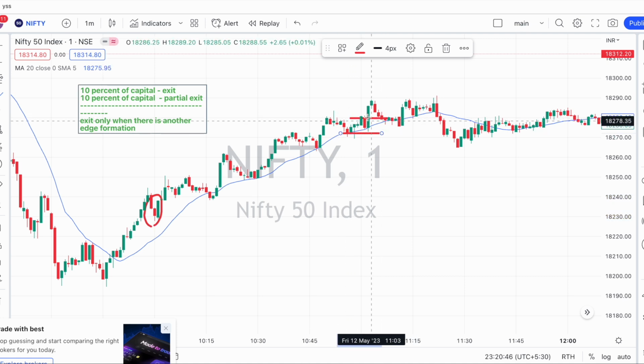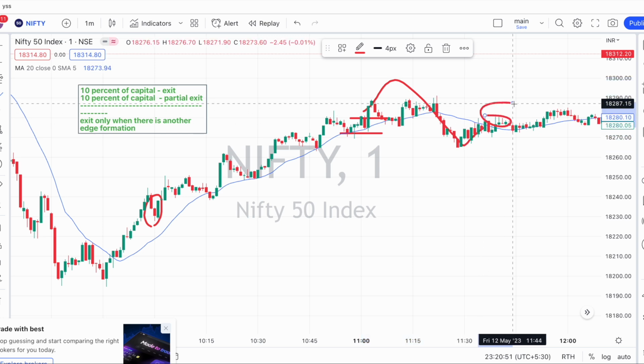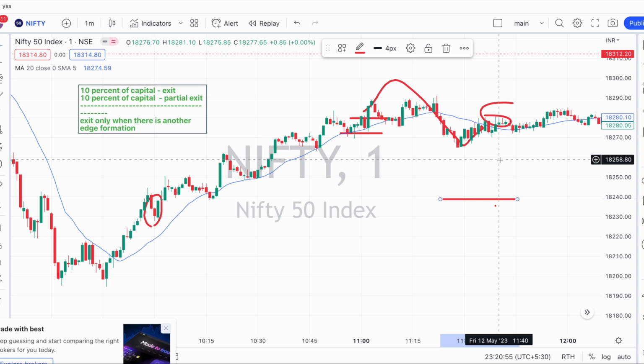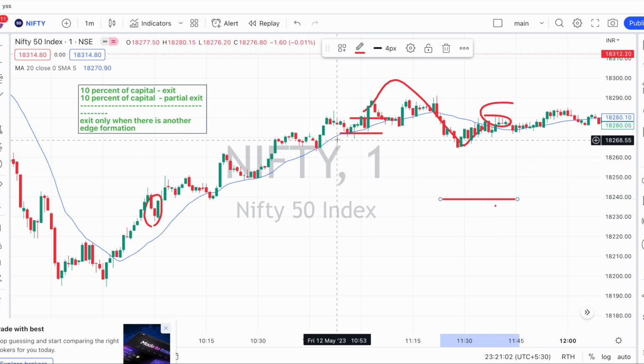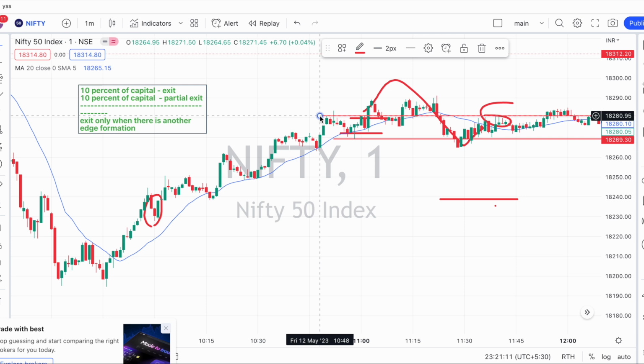And this is a edge formation. The price came down and it tried to move up, right? This is an edge formation like this, and you have to mark the low and the high of the build up.